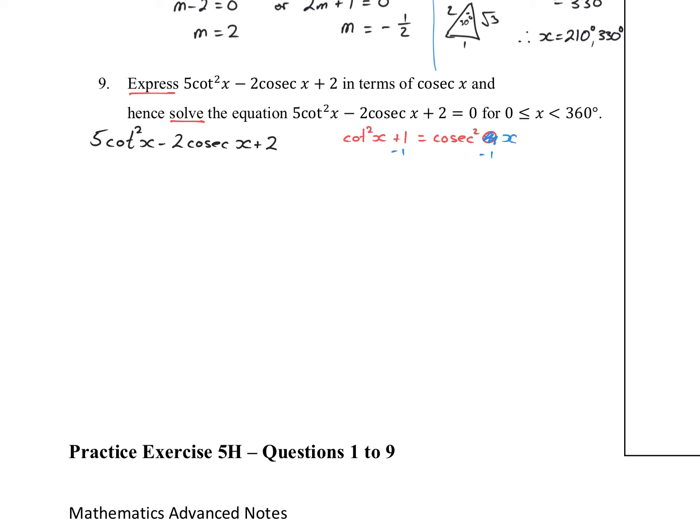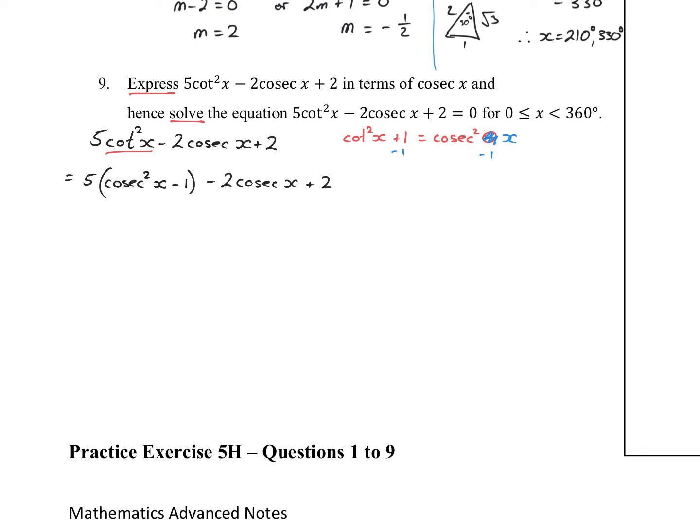Okay, so now I'm going to replace my cot squared x with what we've just said. So 5 lots of cosec squared x minus 1, minus 2 cosec x plus 2.